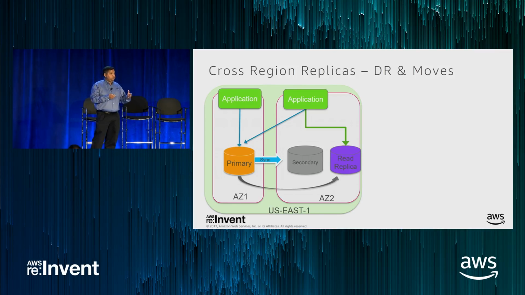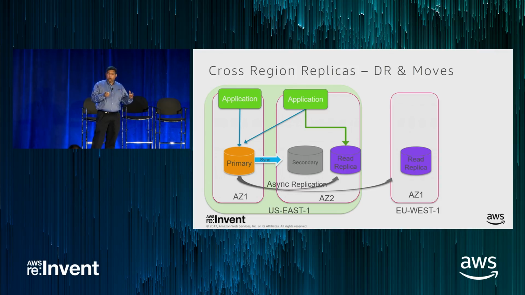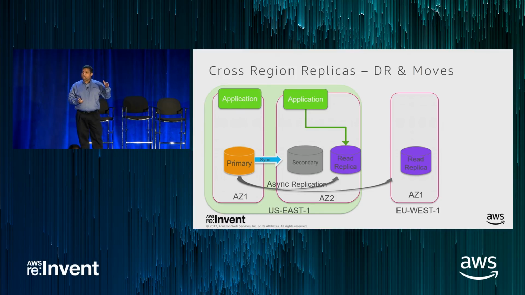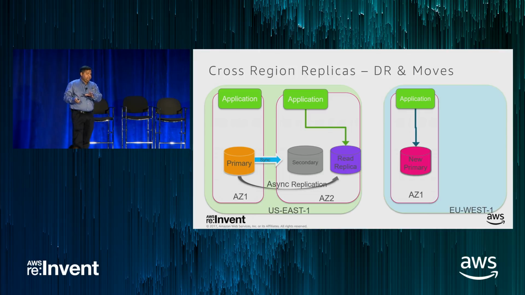The way I would do that for a minimal downtime scenario is I would create a cross-region read replica in a different region. I would cut applications connecting to my primary, let all the changes get flushed to the read replica on the cross-region side, promote the cross-region read replica to be your new master, and then move all your applications to that new master.